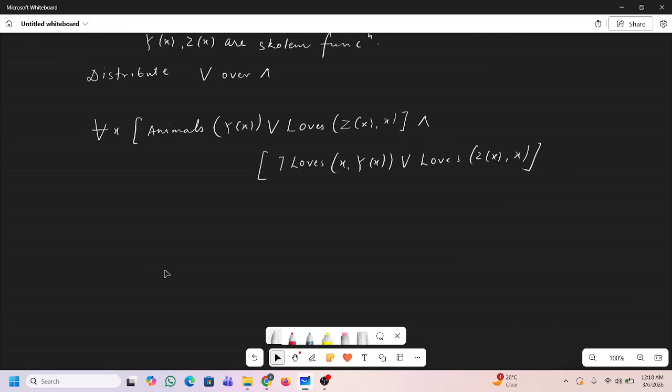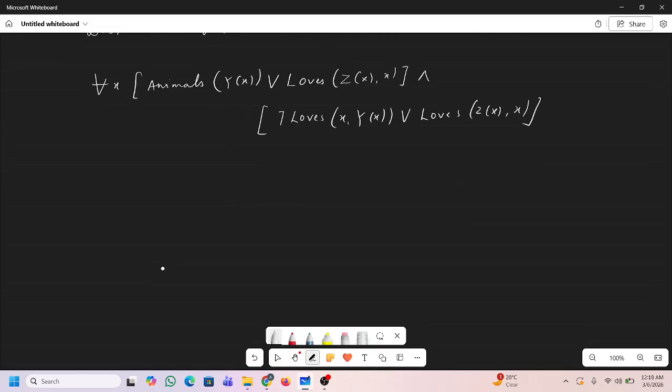So now what we will do, we will remove the universal quantifiers. Okay, why are we going to remove universal quantifiers? We discussed why we are removing this.